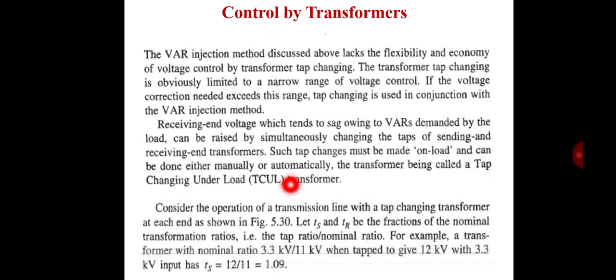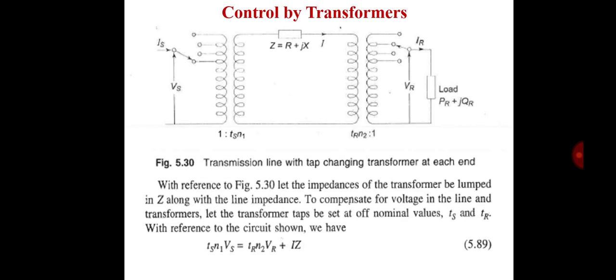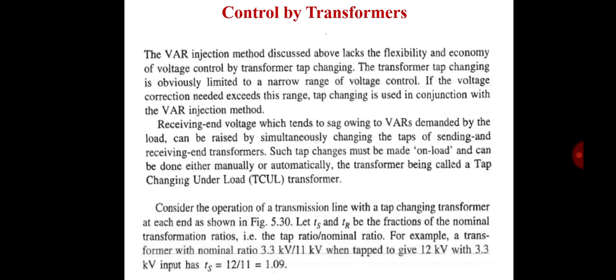Consider the operation of a transmission line with a tap changing transformer at each end, as shown in figure 5.13. Let TS and TR be the function of the nominal transformation ratio, that means the tap ratio.